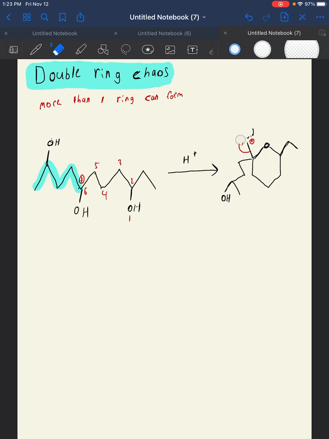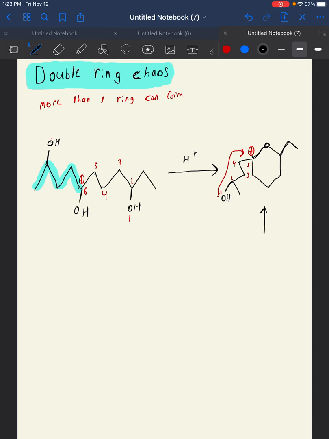So then it can actually leave, opening up this orbital, and then this oxygen can come in and attack there, and that would then form 1, 2, 3, 4, a 5-membered ring attached to that 6-membered ring.